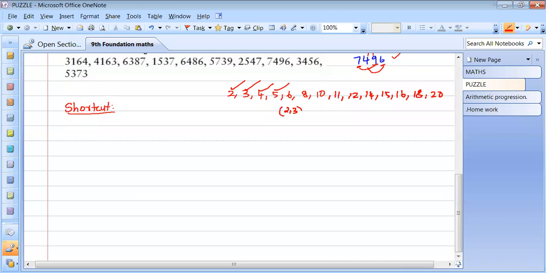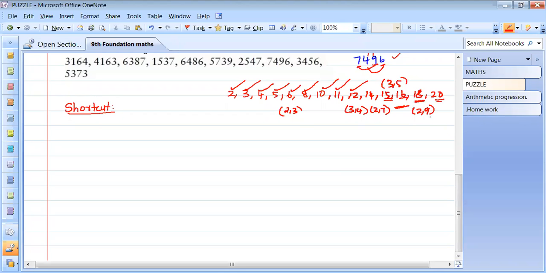If it is divisible by 2 and 3, it will be divisible by 6 also. 8, 10, 11 you know. 12 means 3 and 4. 14 means 2 and 7. 15 means 3 and 5. 16 you know very well. 18 is 2 and 9.